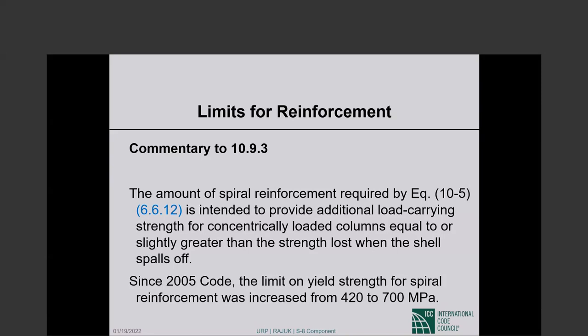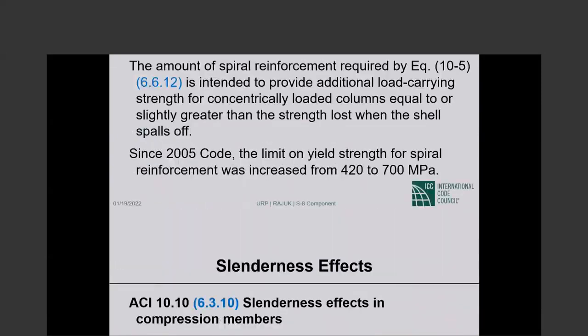The minimum amount of spiral was derived on that basis. Okay. Since 2005, the limit on yield strength for spiral reinforcement was increased from 420 to 700 MPa.